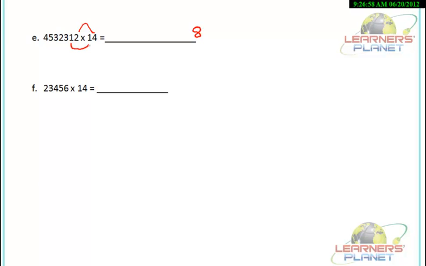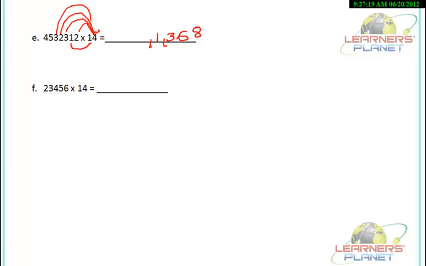Then 1 fours are 4 plus 2, 6. Then 3 fours are 12 plus 1, 13. Then 2 fours are 8 plus 3, 11.